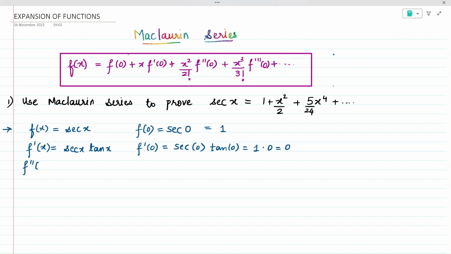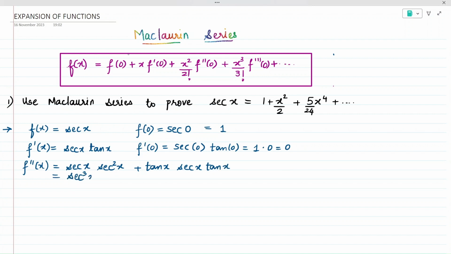Now let's calculate f double dash. Now let's understand. While applying f double dash, I'll have a UV rule. दो terms हैं ना x वाले. So फर्स्ट को u ले लेते हैं, सेकंड को v ले लेते हैं. तो uv rule of derivative: u as it is, derivative of tan x is sec square, plus v as it is, derivative of sec is sec into tan. इसको थोड़ा सा सिंप्लीफाई कर लेंगे.